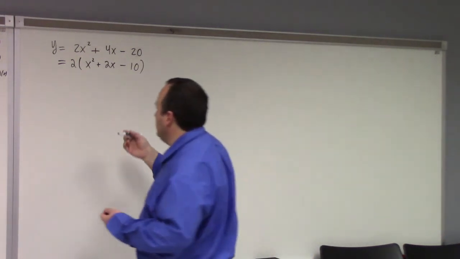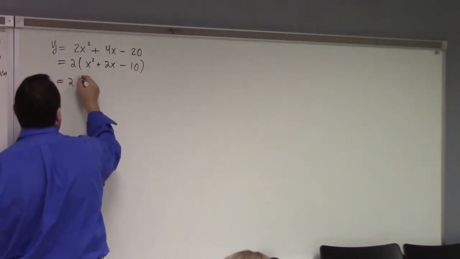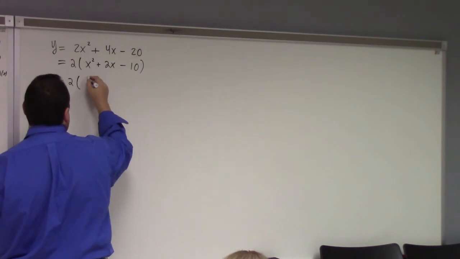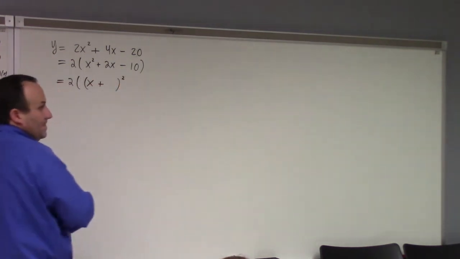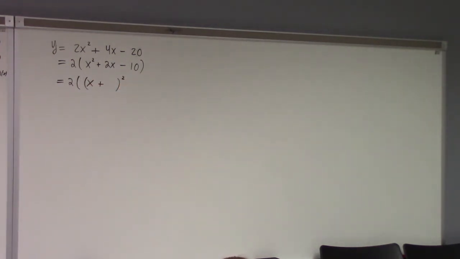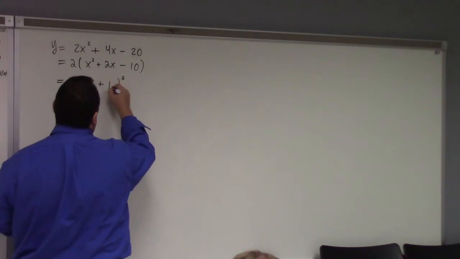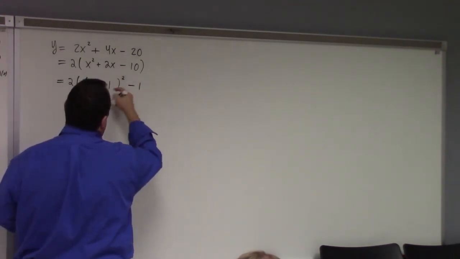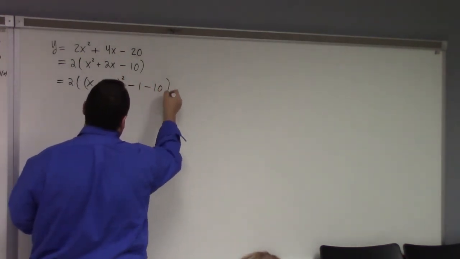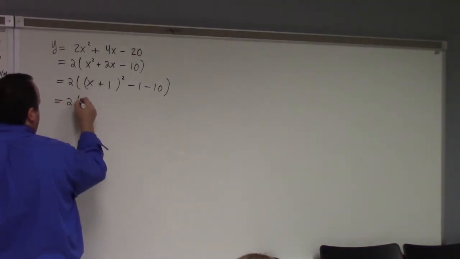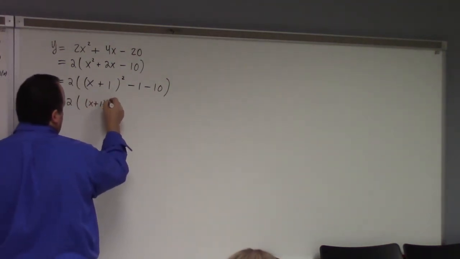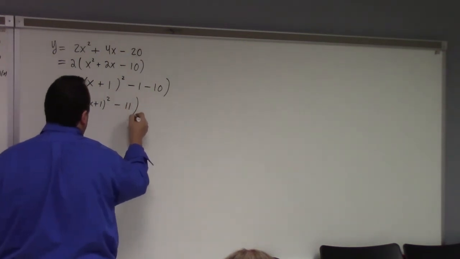What does completing the square look like here? x plus what quantity squared? Plus 1, quantity squared. And then I have to subtract 1 to be fair, because 1 squared is 1. And I still have the minus 10. So let's clean things up. That's 2 times x plus 1 squared minus 11.